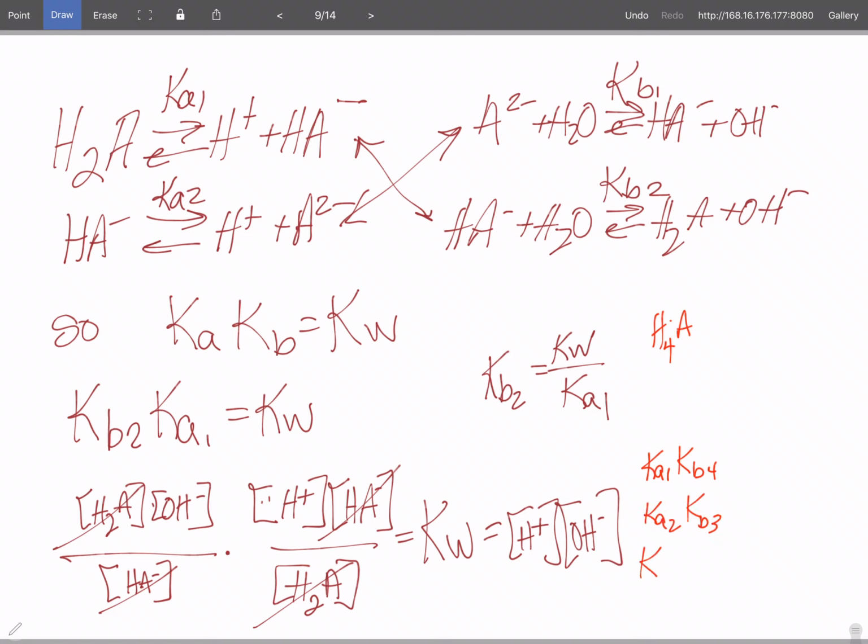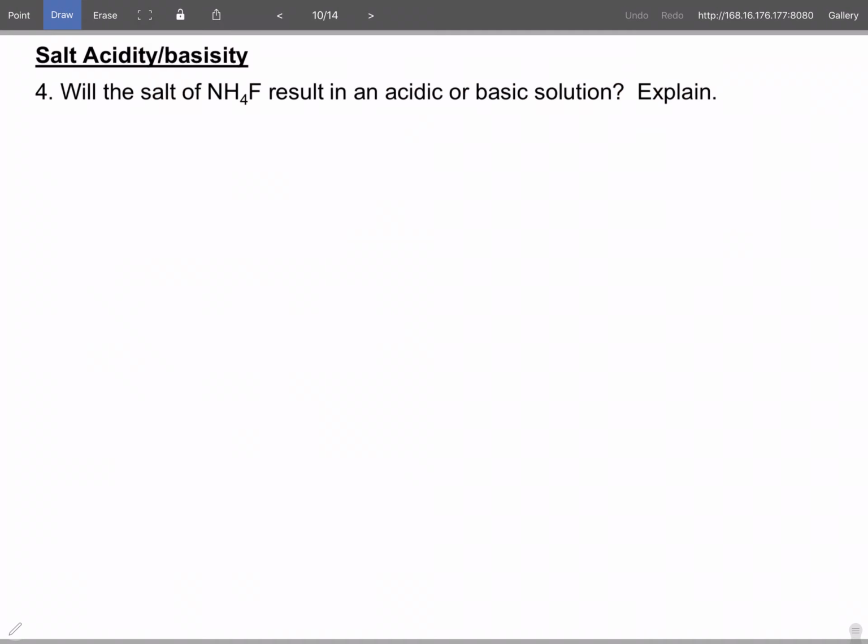Your Ka3 will go with your Kb2. And your Ka4 will go with your Kb1. My recommendation is you work that on the side. You only have to do it once just to prove that you understand the relationships, and it will make your life easier if you're comfortable doing that. Okay? So, let's move on to the next problem.